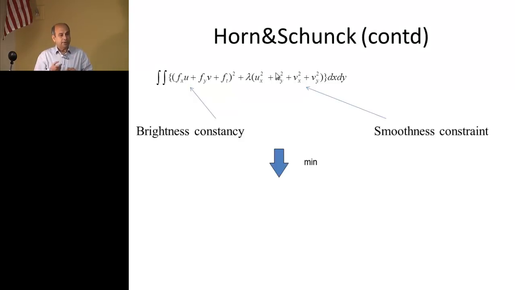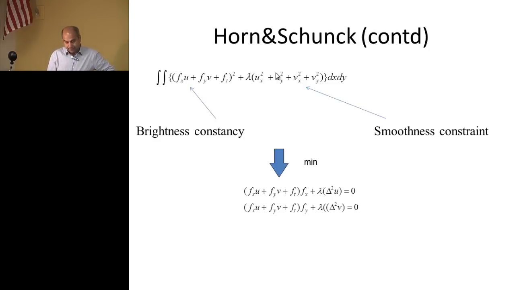As you know, in regular calculus you have a function, you can differentiate it and set it equal to 0, and then you can find the minimum or maximum. Here, instead of a function, it is actually a functional. It's a function of a function. And since this involves an integral, it's another calculus called variational calculus. But the basic idea is very similar to regular calculus.